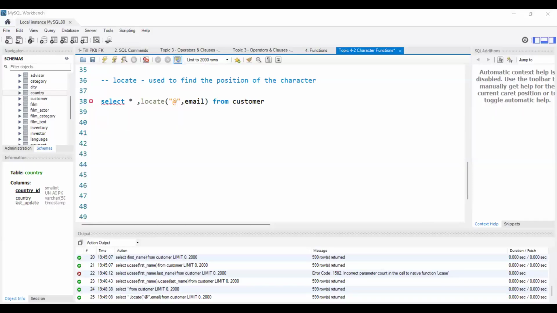Next, left and right are also done. Next, we have the mid function.